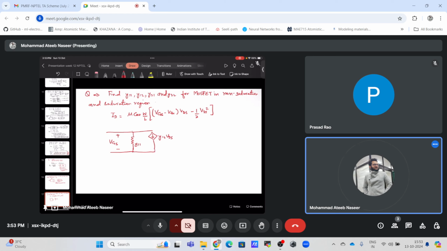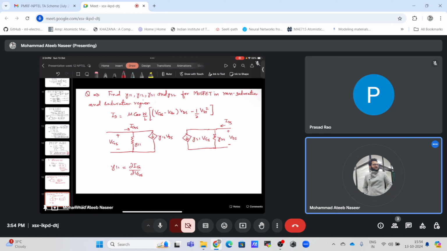this is Y21 VGS, this is Y22, with positive and negative VDS. Okay, and this is the current IDS, and this is the current IGS. Okay, so Y11 is simply dIG by dVGS.